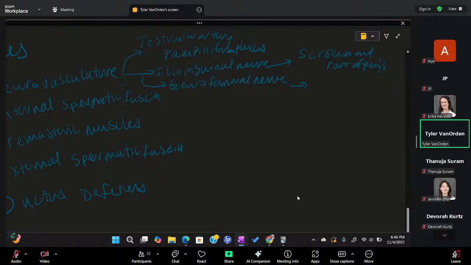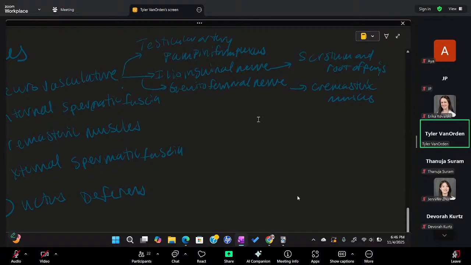And then the genitofemoral nerve is doing the cremasteric muscles. The cremasteric muscles also get some of the obturator nerve, but for right now, that's what we're going to talk about.